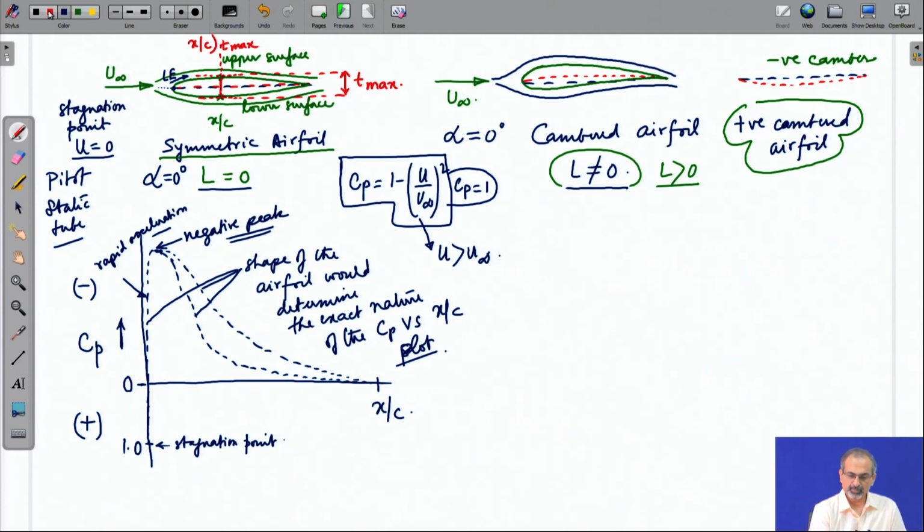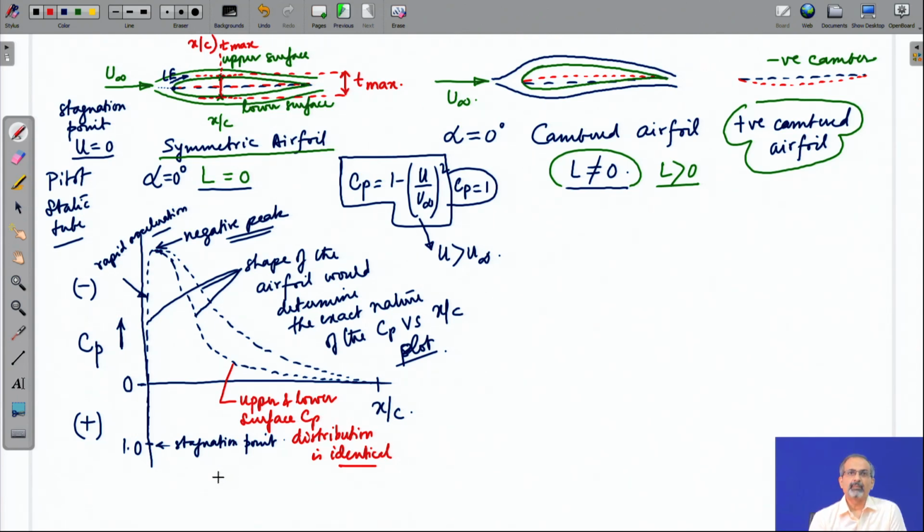And if you were to plot both the upper and lower surfaces, upper and lower surface Cp distribution is identical. That means, they merge on each other.